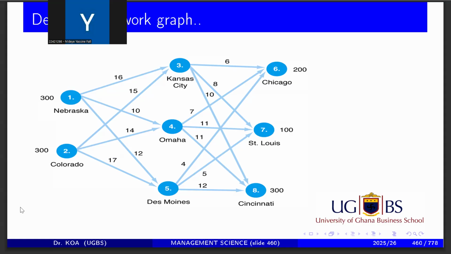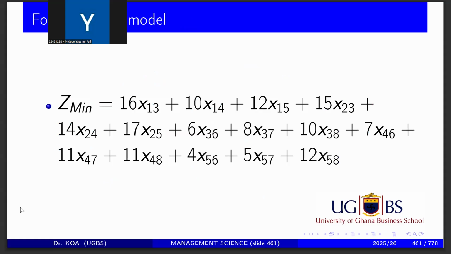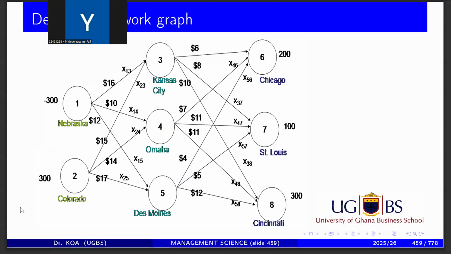I meant when you were saying what we should put in the Z function, you didn't include the costs, and you just did X36. When you asked about going from node 3 to node 6, you said X36, but I didn't hear you include the cost.